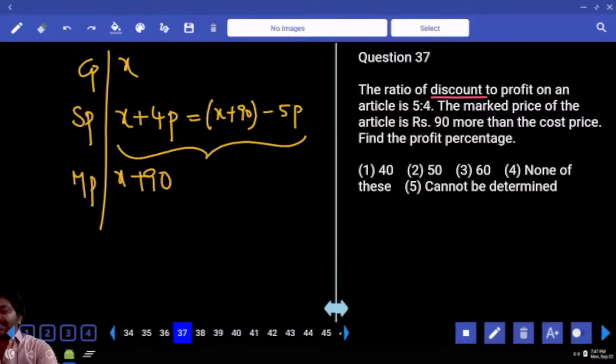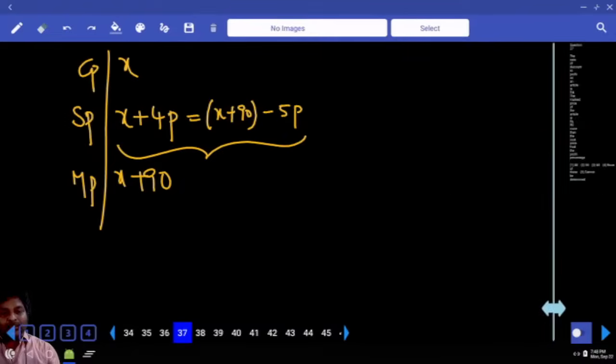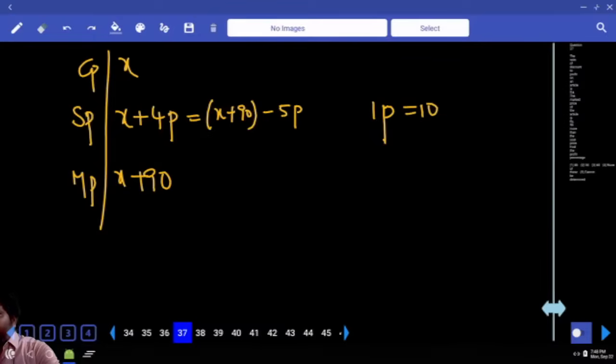Both are selling prices, hence both become equal. X gets cancelled. You understand? Now, minus 5 parts goes to the other side, becomes plus 5 parts. 9 parts is equal to 90. 1 part is equal to 10. If you substitute 1 part value 10 in any of these equations or the available information, can we identify how much is X value?